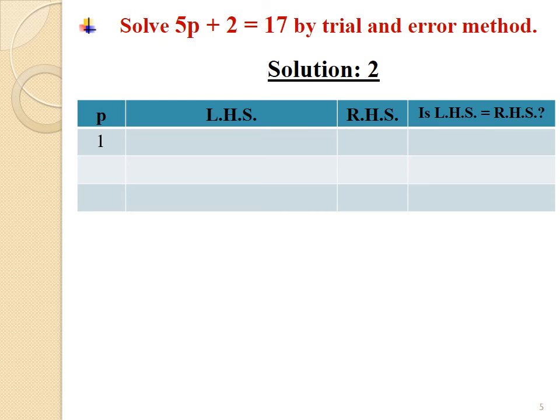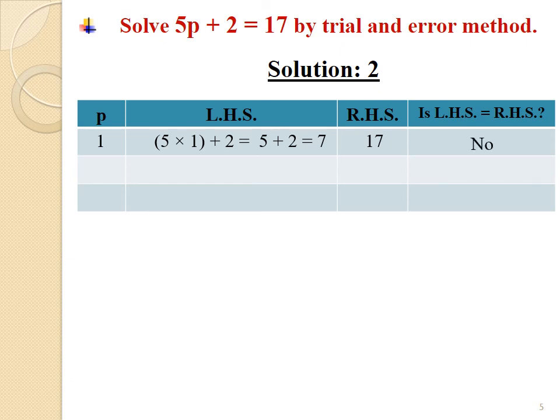Thus multiplying 5 by 1 and adding 2 to the product, we get 5 plus 2 equals 7. Let us write 17 in RHS column as 17 is given on right hand side. Since LHS is not equal to RHS, so we have to write no in the last column.